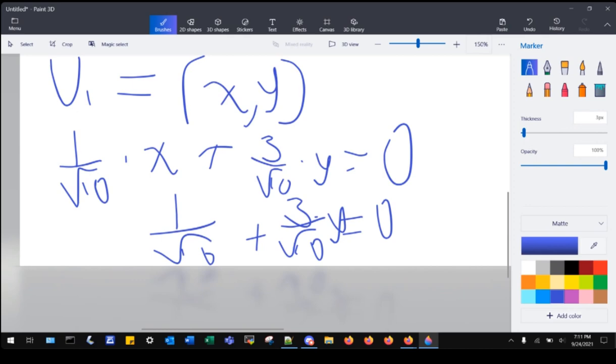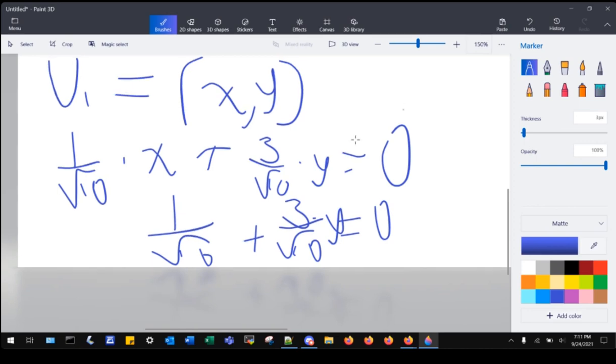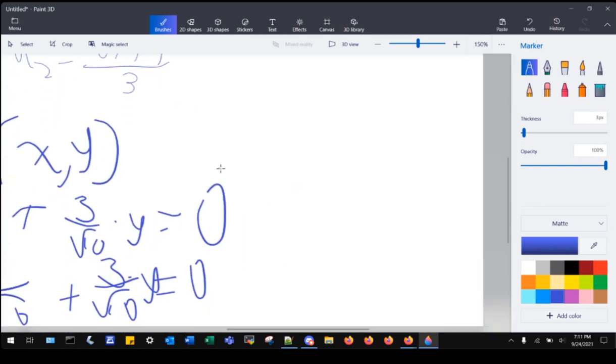Is that correct? Yeah, that's a possible value to use, because you can get different values for y. So u1 equals 1, negative 1/3.